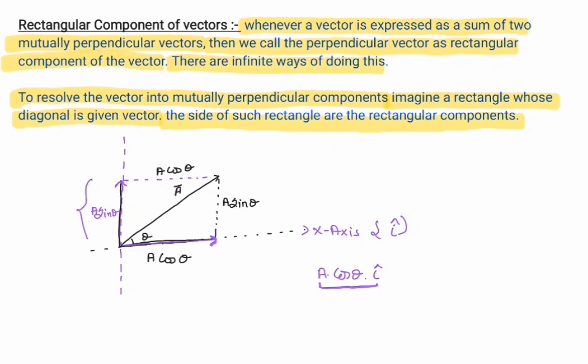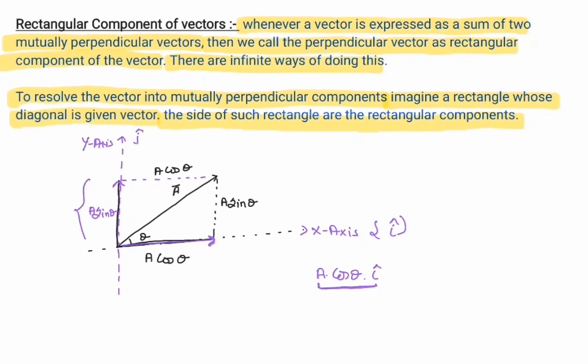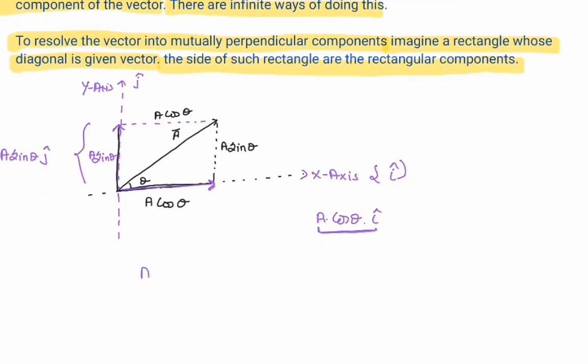Similarly, how can we represent this vector? On the y-axis, we write the unit vector as j cap. So this vector can be represented as A sin theta j cap. Now, the vector A can be written as A cos theta i cap plus A sin theta j cap.